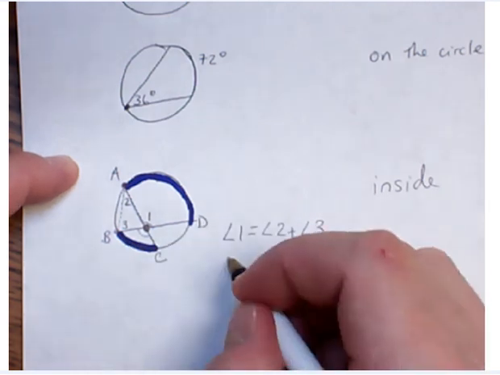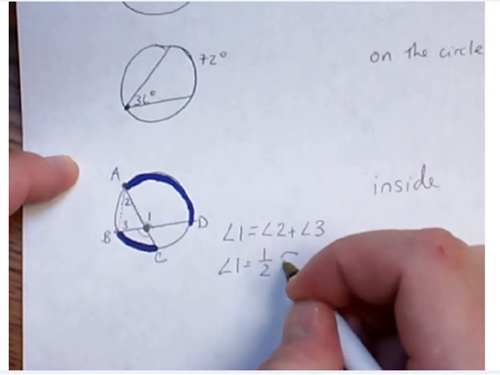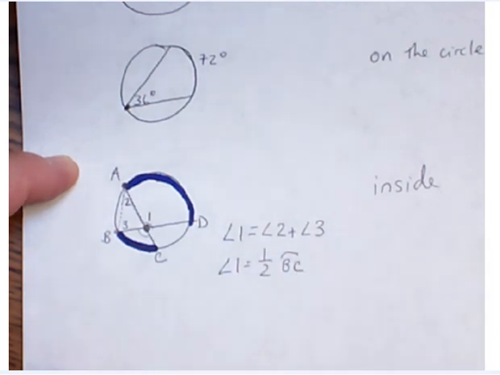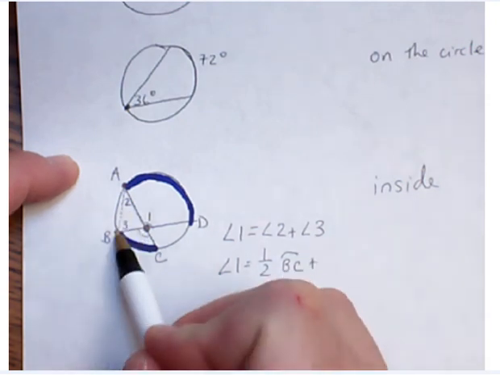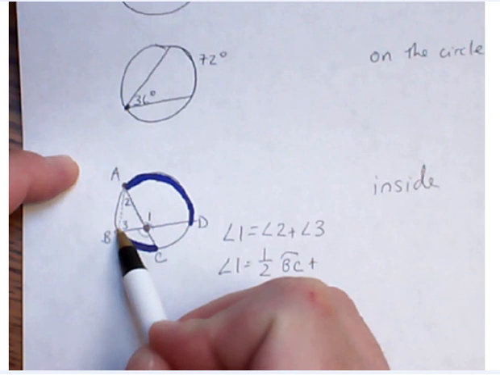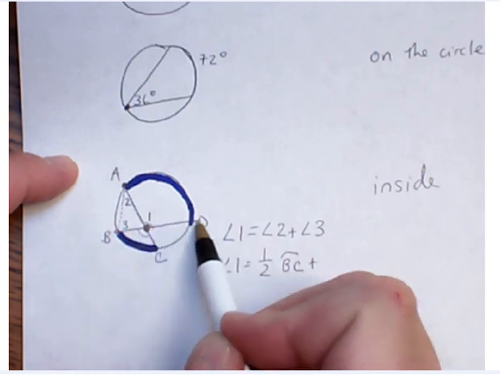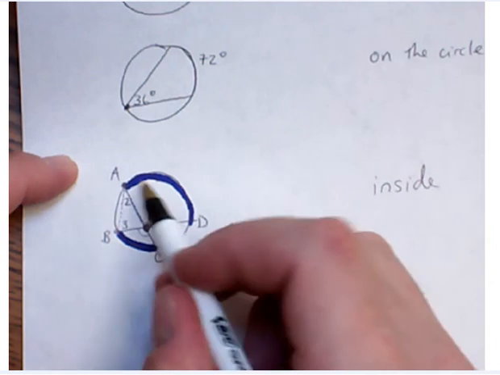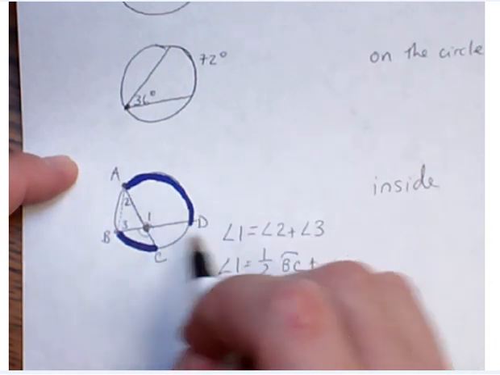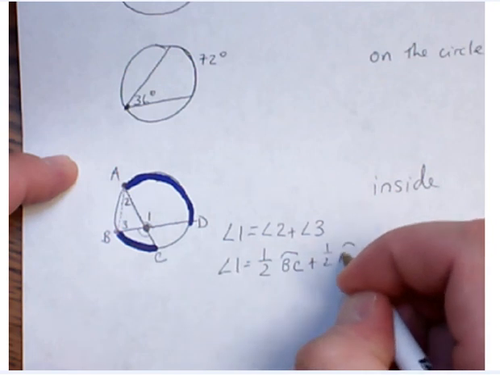So we're going to say angle 1 equals half the arc measure of BC, plus angle 3. Now angle 3 is here at point B. That's also on the circle, so that's half of the arc measure. If I trace out angle 3, I get point D and point A. So that's arc AD that gets intercepted. The inscribed angle is half of arc AD.